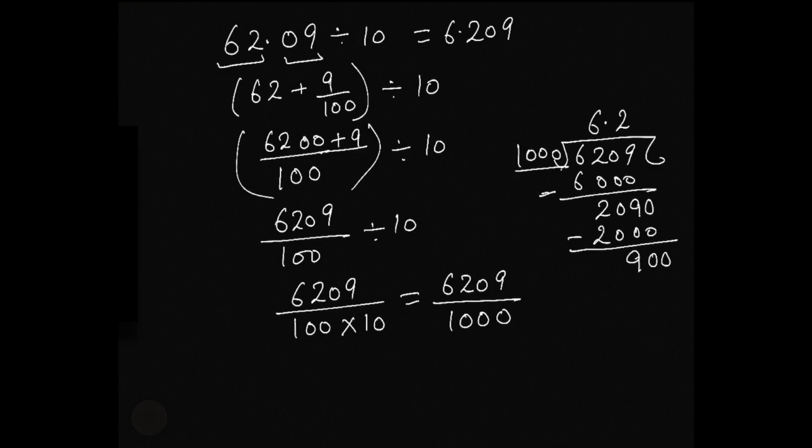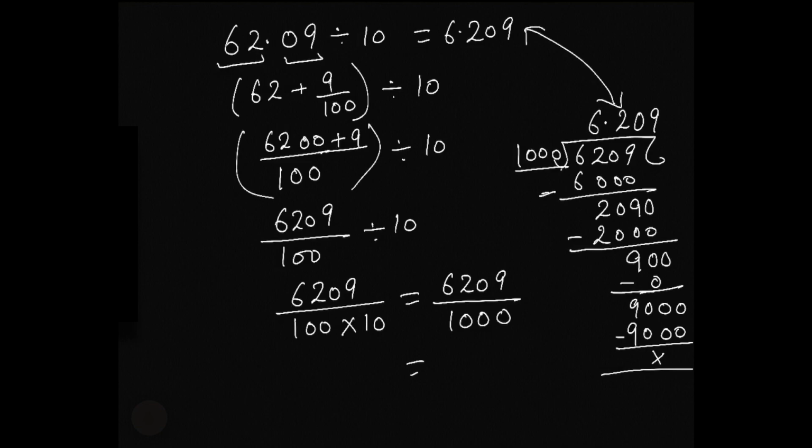I can add a 0 in each step, but 1000 cannot go here. So 1000 zeros are zero. So 900. Now I can add another 0 because of the decimal. So now it is 9000. So 1000 nines are 9000. So that's why my decimal is shifting towards the left, and I get the same answer as my shortcut. I hope you are clear on the logic behind this.